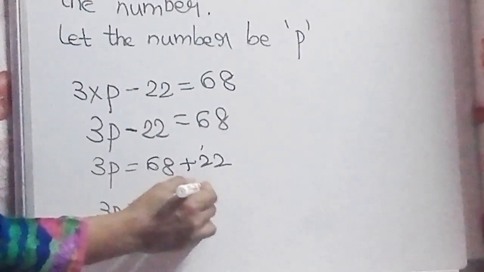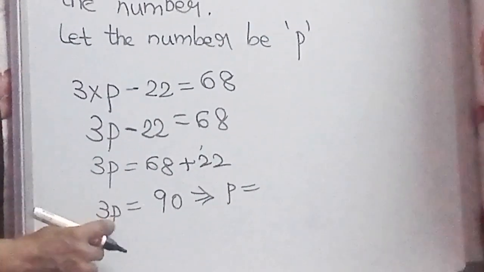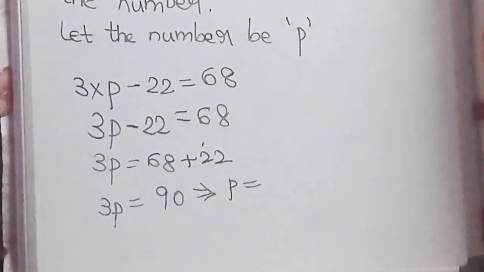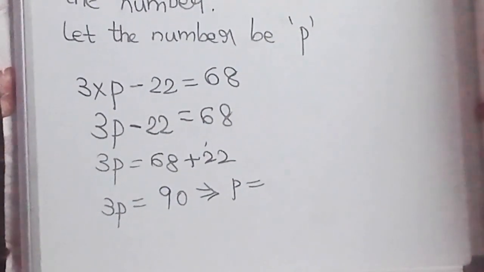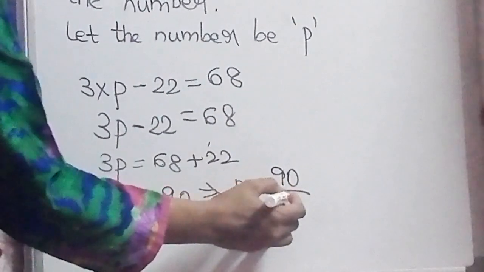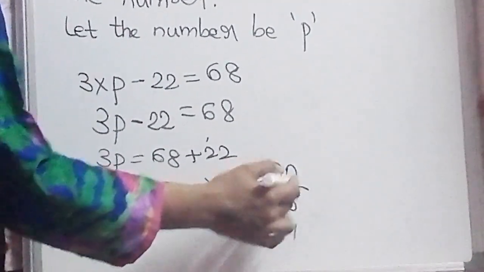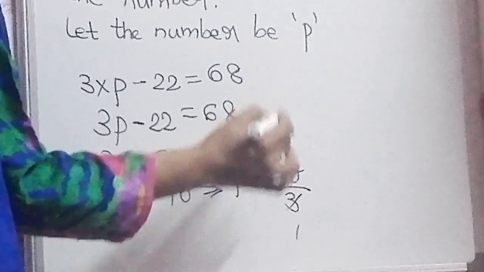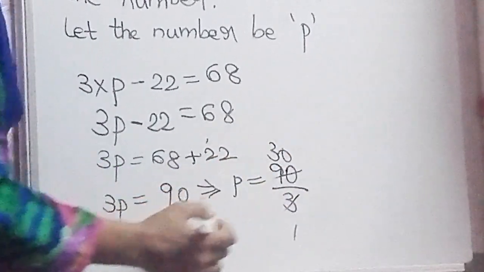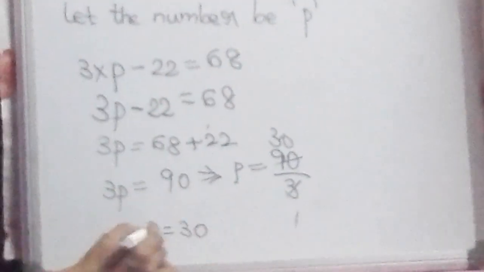Now this implies P is equal to... The multiplication, when it goes to the other side, what happens to it? It becomes division. So 90 divided by 3. Now try to cancel using the 3 table. 3 nines are 27... 3 threes are 9. 0 is there, so we will write 0 here. So the answer is P is equal to 30.